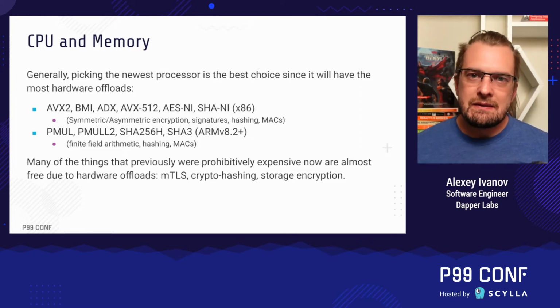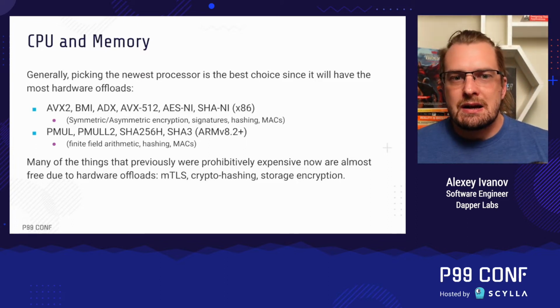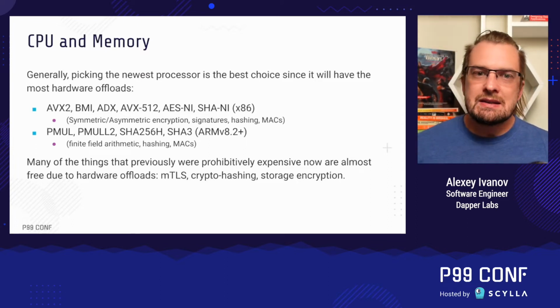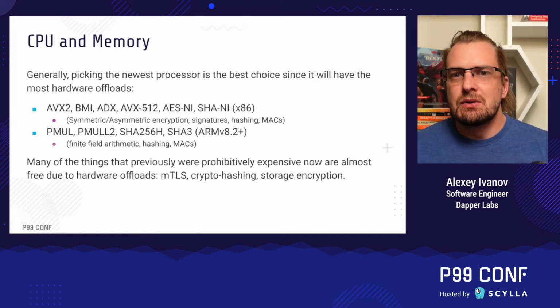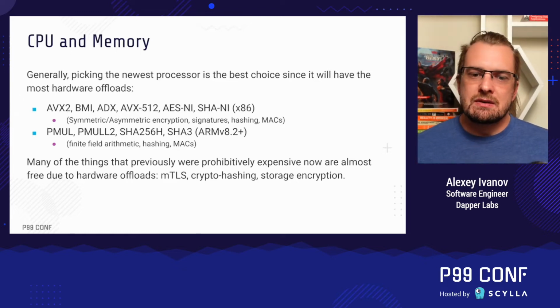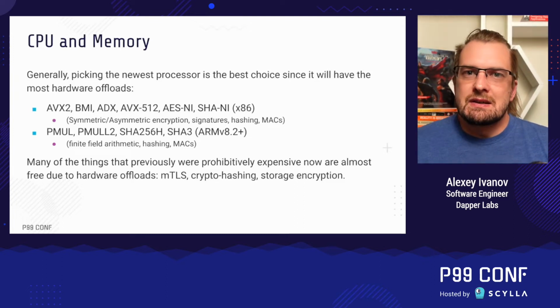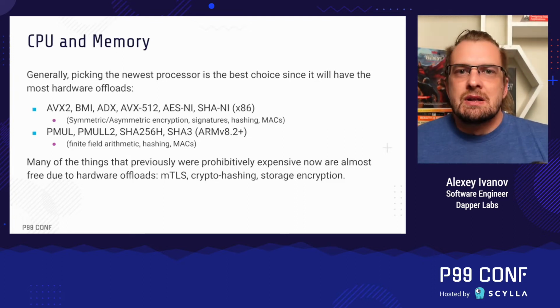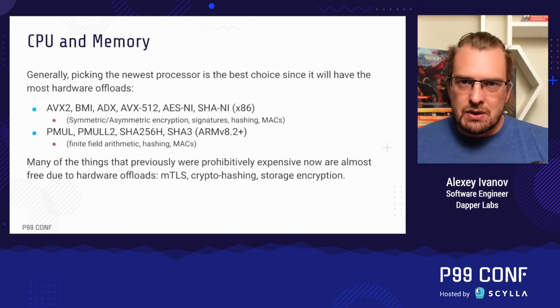Whether you are picking your hardware yourself or picking an instance in Amazon or Google or Azure or whatever, you want to pick the newest CPU because it will have the most hardware offloads, and it will give you the most flexibility later when we discuss the higher levels. So the newest possible CPU with the most possible offloads you can get.